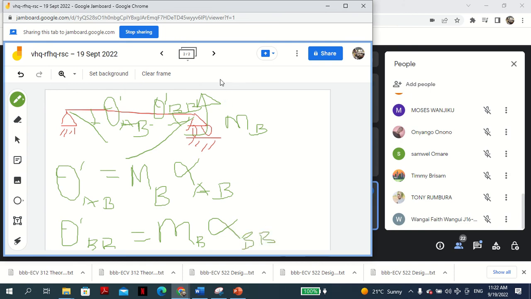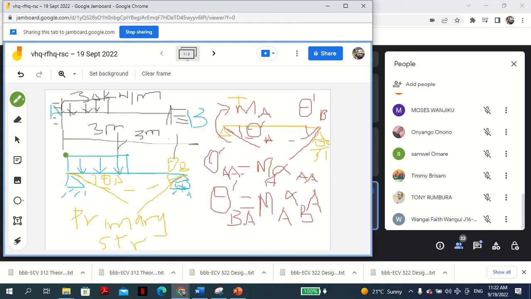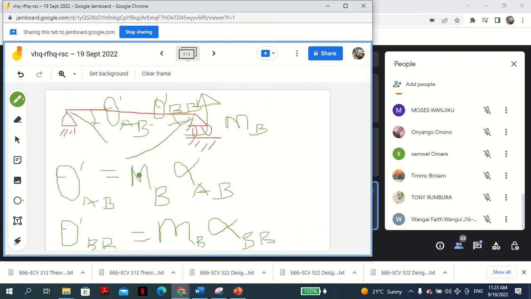So then you finish. I need to recap. Once you remove the redundants here, the moment at A, MA, and MB, this becomes your primary structure. Now you solve that structure, and solve this, and now add the three.